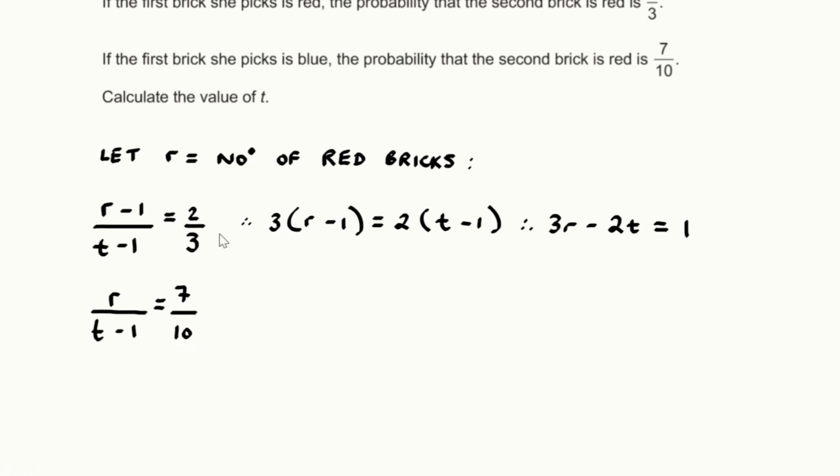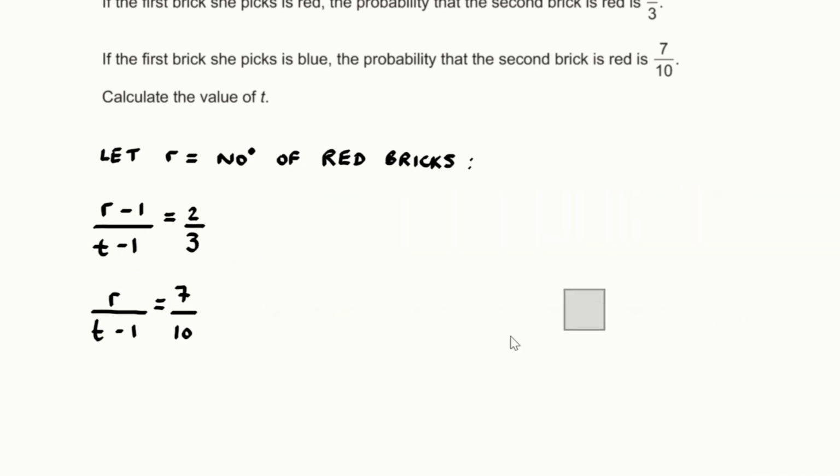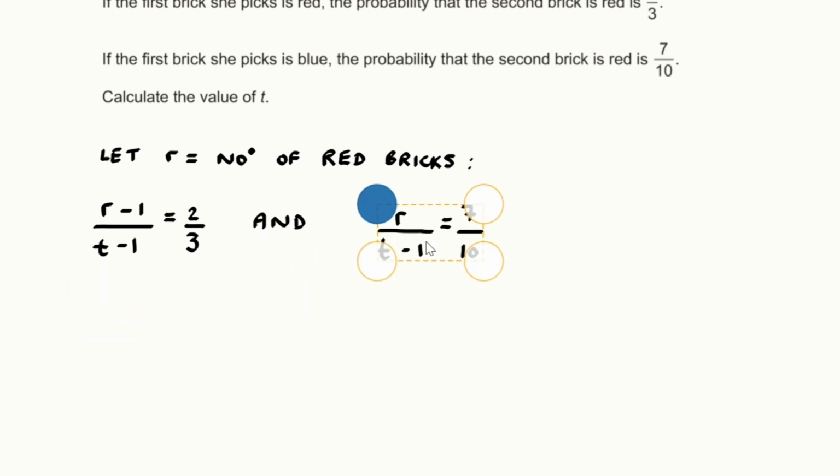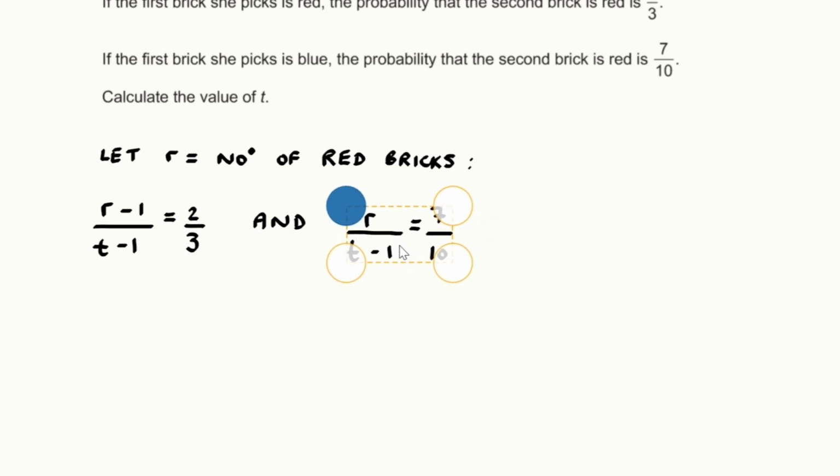Now, what we aim to do is find out what t is. So we need to somehow find out what t is. We can do this using algebra. So we've got two equations here, and we need to solve them simultaneously. So how could we go about this?